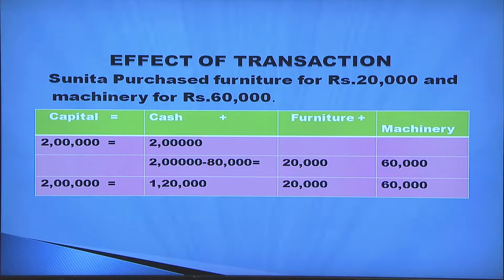And there is an increase of rupees 20,000 under furniture. And there is an increase of machinery of rupees 60,000. So asset is increased to 20,000 and 60,000, that is 80,000. And when you are purchasing, in this transaction the name of the party is not included. So it is a cash transaction.